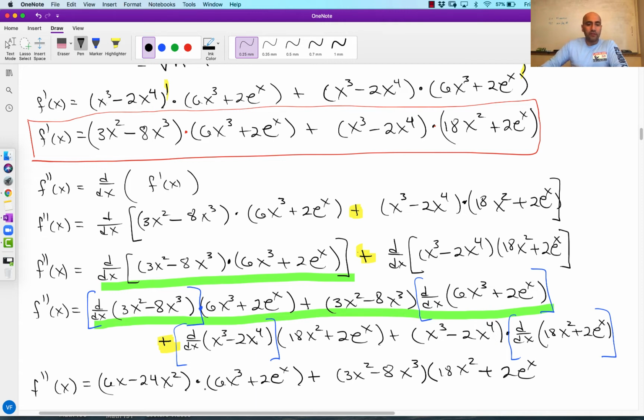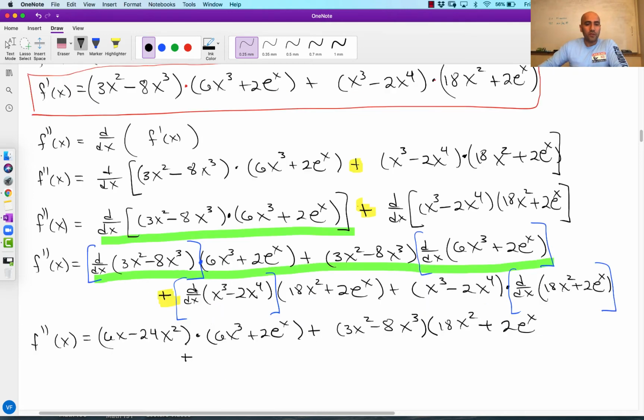Okay, and now down here, so now plus, now the derivative of this again is pretty easy. This should be 3x squared minus 8x to the third power times, leave this one alone, 18x squared plus 2e to the x plus, and now leave this one alone, that would be x cubed minus 2x to the fourth.